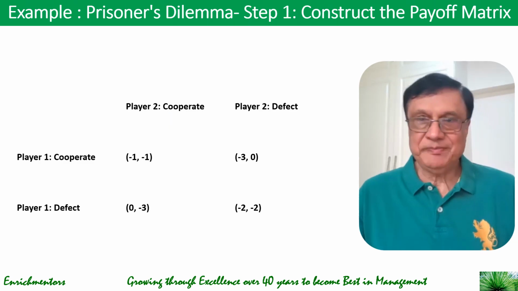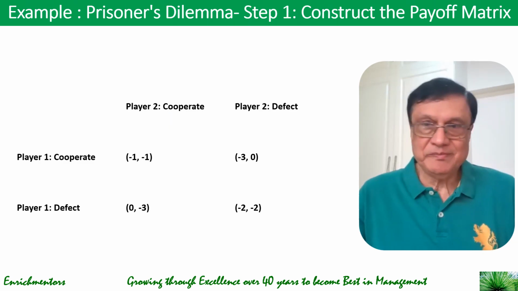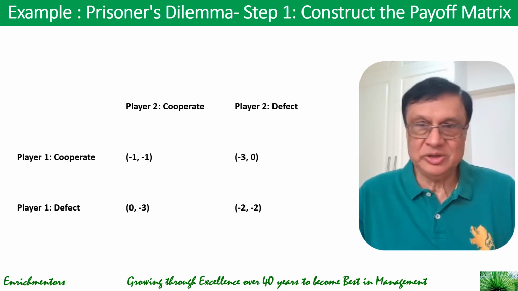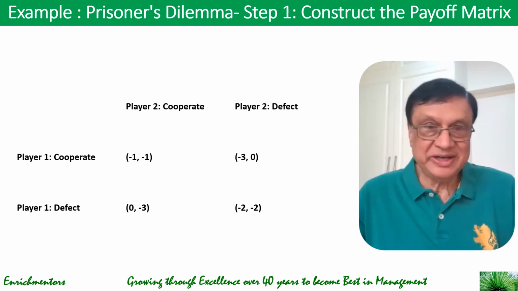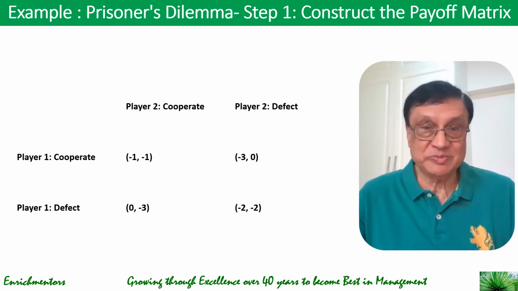Let's consider the prisoner's dilemma, where there are two players, player 1 and player 2, and they each have two strategies, cooperate and defect. The payoffs are represented as negative numbers. If player 1 cooperates and player 2 also cooperates, both get 1 year of imprisonment, so -1 each.